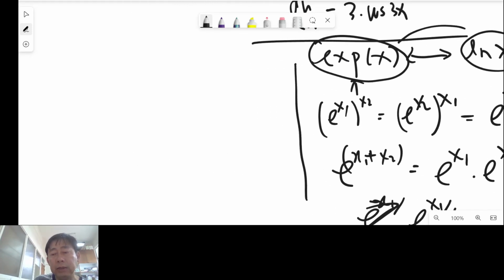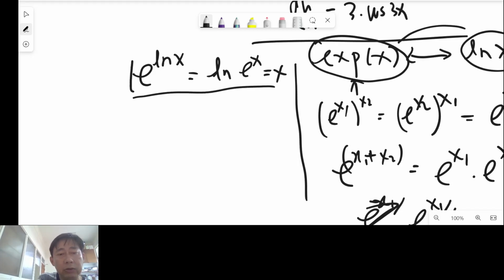Then after that, we have also shown you the exponential function obeying this very simple rule: e^(ln x) and ln of e^x are equal to x. This is easily understood in the sense that the exponential function and the logarithmic function are the inverse of each other.